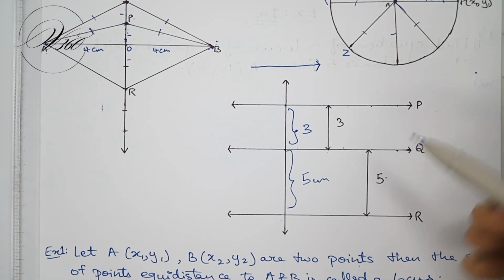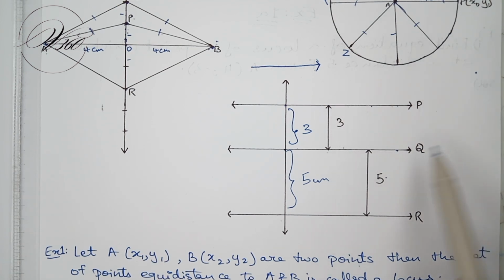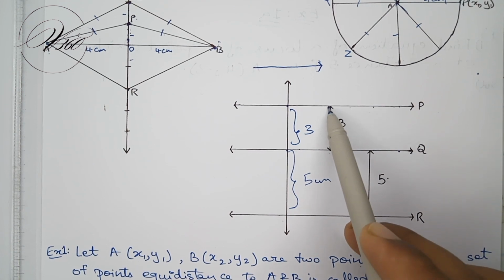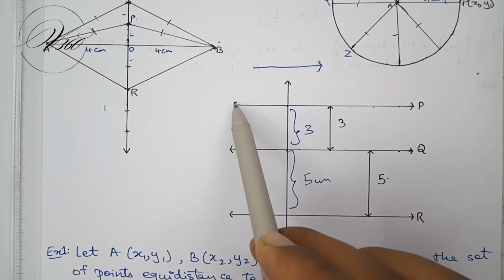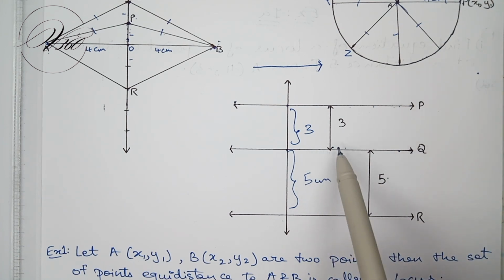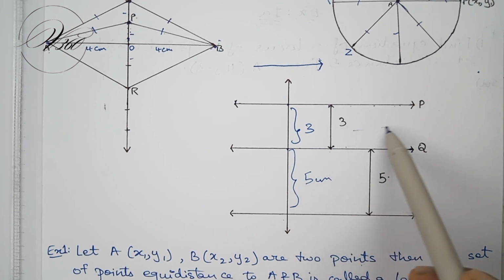check this out. This is a parallel line which always goes parallel to this line, right? If we take from this point to this point, it is 3 centimeters. Then from here till the end of this line or line segment, we'll get equal distance from here to here, right?